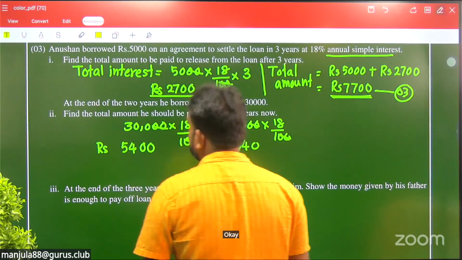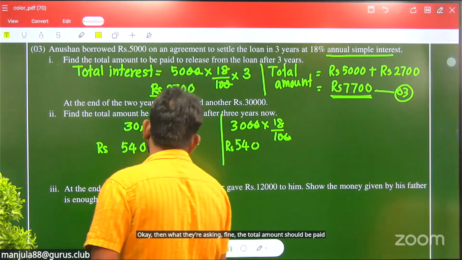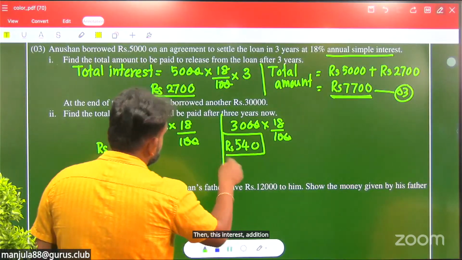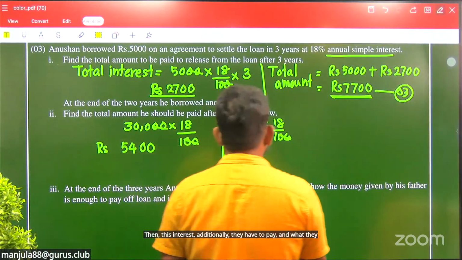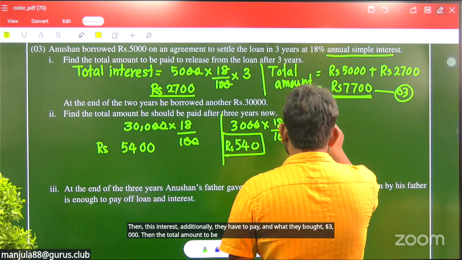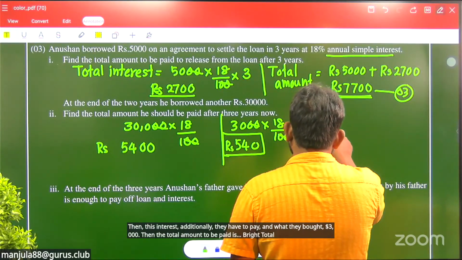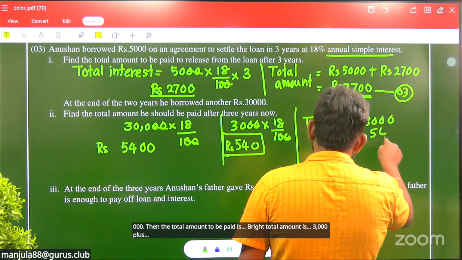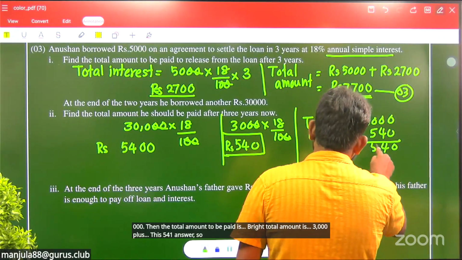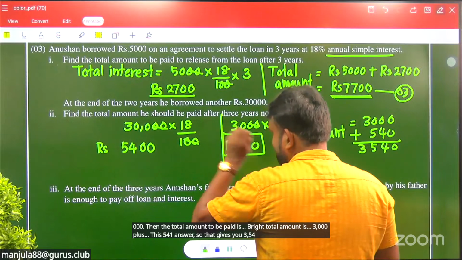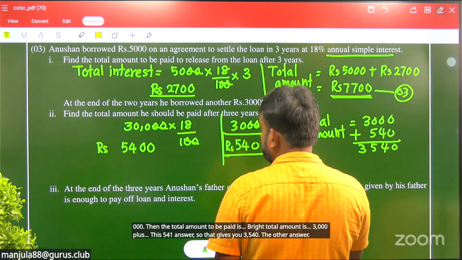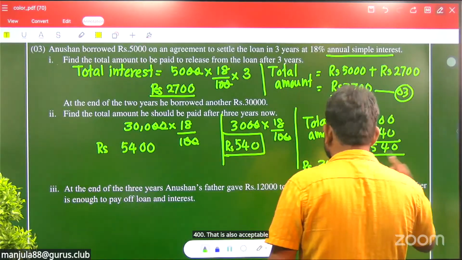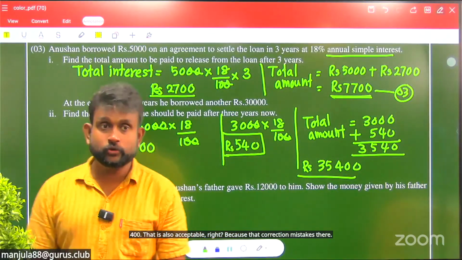Then what they're asking, find the total amount to be paid after the 3 years. This interest they additionally have to pay, and what they borrowed, 3,000. So the total amount is 3,000 plus this 540 answer. That gives you 3,540, or the other answer 35,400. That is also acceptable, because the question has a mistake, if you follow both methods.